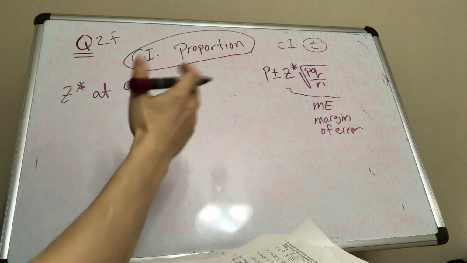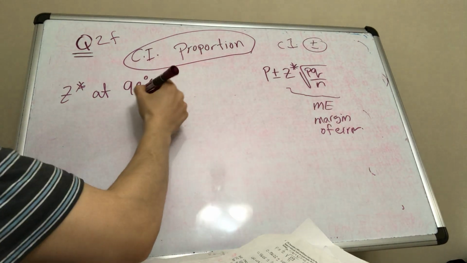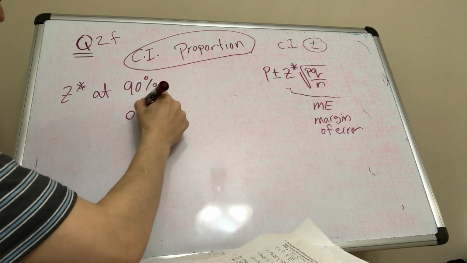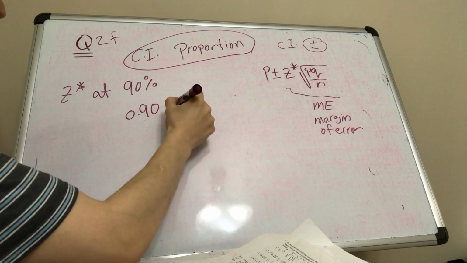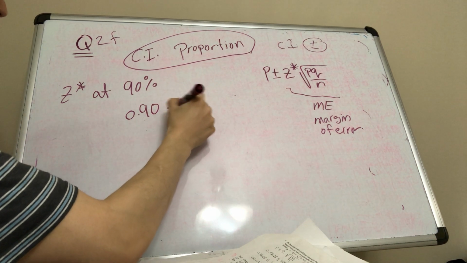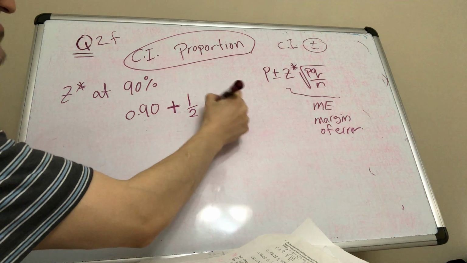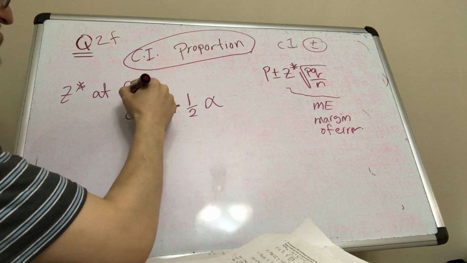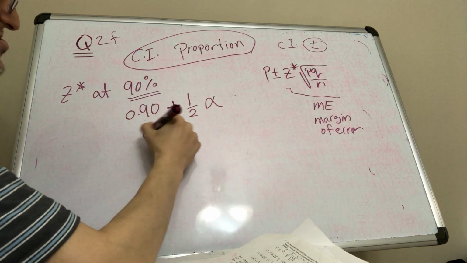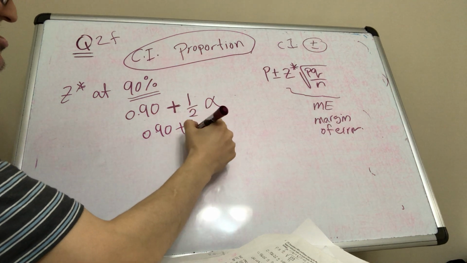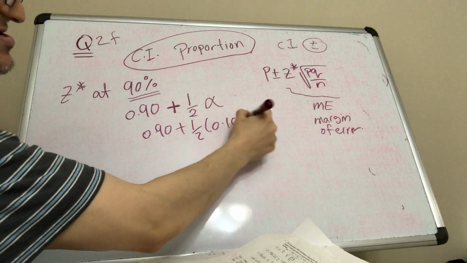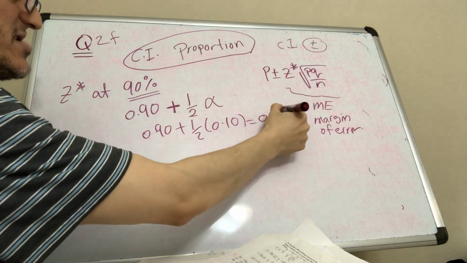But the way you're supposed to do it is you take 90% and you add half of alpha. Alpha would be whatever is left. So you need 90% plus half of 10%, and that gives you 95.